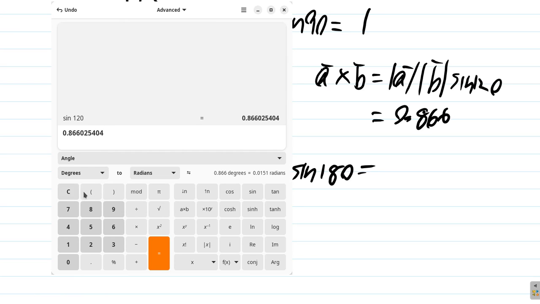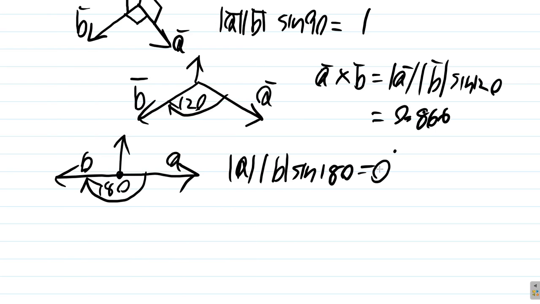Well, sine 180 equals 0. So it wouldn't go up at all. Right? You would not see the cross product, because it would be 0.